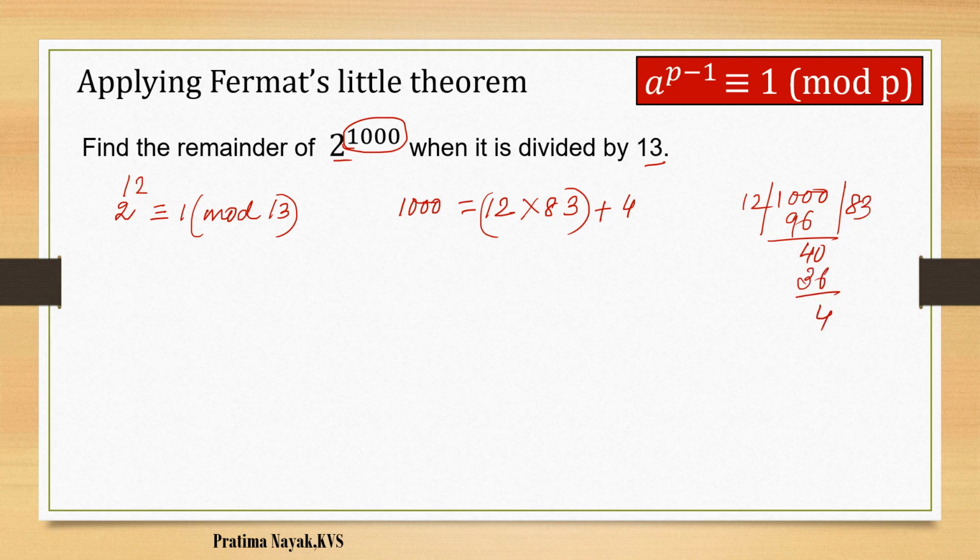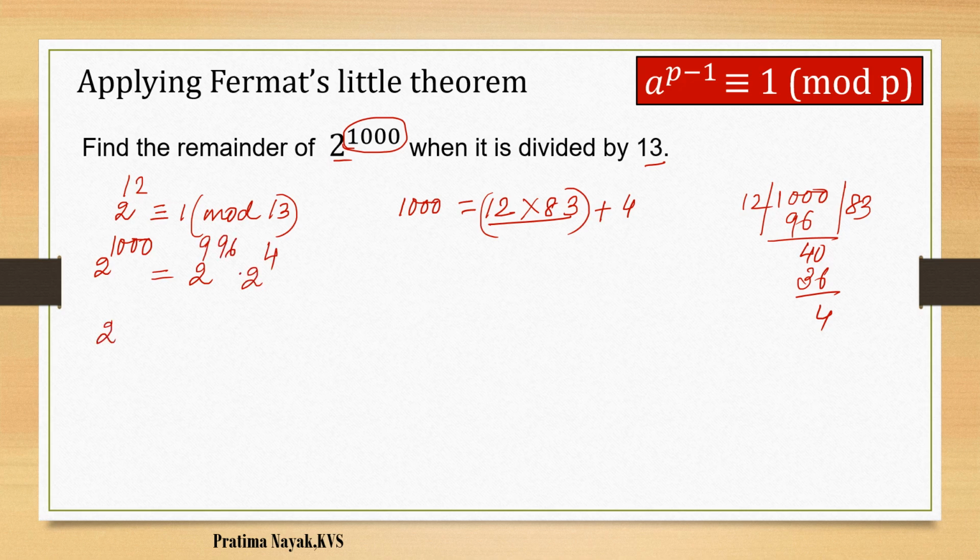We're getting 4. So this is 996 plus 4. So I may write 2 raised to the power 1000 is equal to 2 raised to the power 996 into 2 to the power 4.